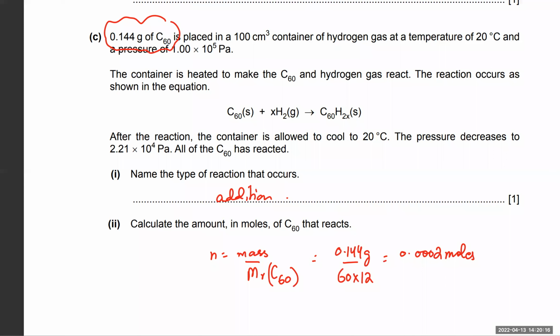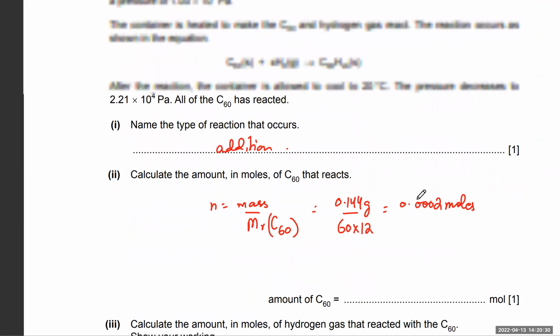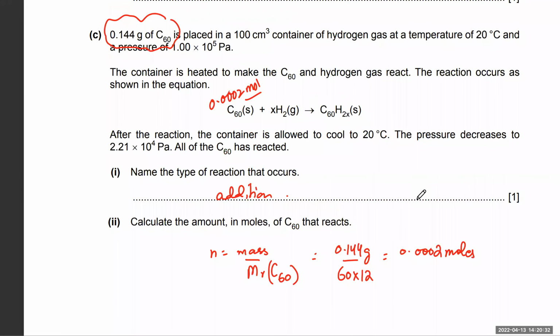So one thing is clear: we've got 0.0002 moles of this. Okay, that's done. And then he says in the next part, calculate the amount in moles of hydrogen gas that react with C60. So that is going to be slightly tricky, because hydrogen is a gas. Focus on hydrogen gas.